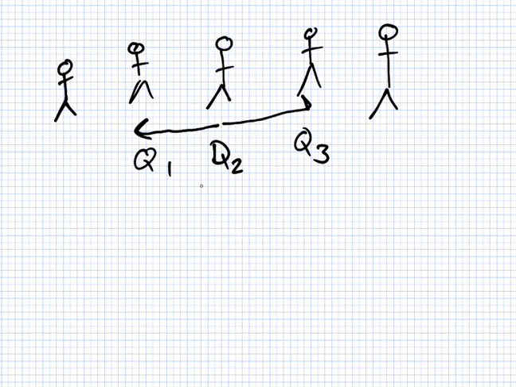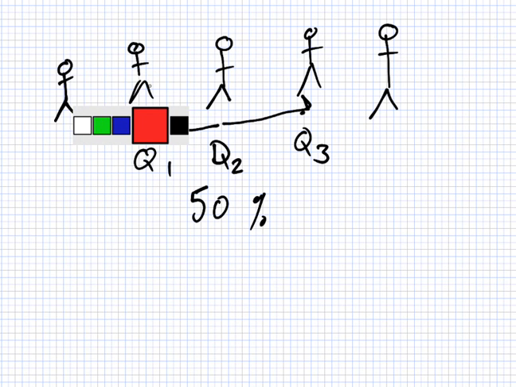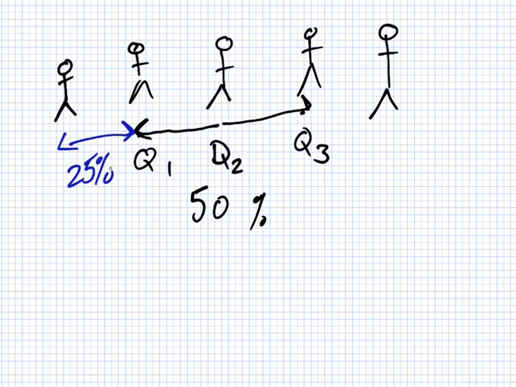I really care about this group here, because what percentage of the total do they represent? 50. Yes, from Q1 to Q3 is 50% because these people here are 25%, and these people here are 25%.